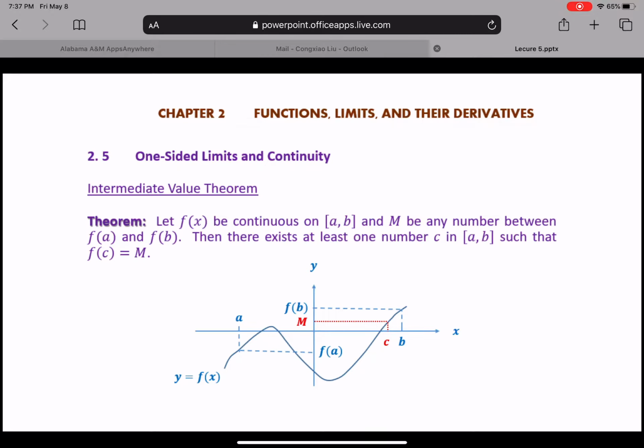Then it says there exists at least one number c in the interval from a to b such that f of c equals m. So if you draw a horizontal line across m on the y-axis, it will intersect the curve at least once between a and b. And that's indicated in the graph also by the red lines.